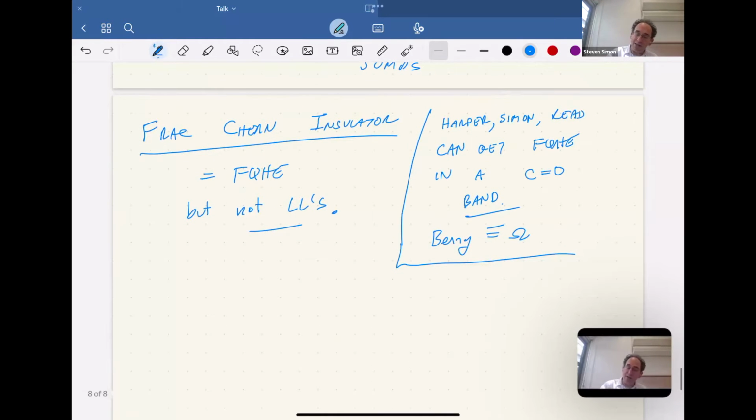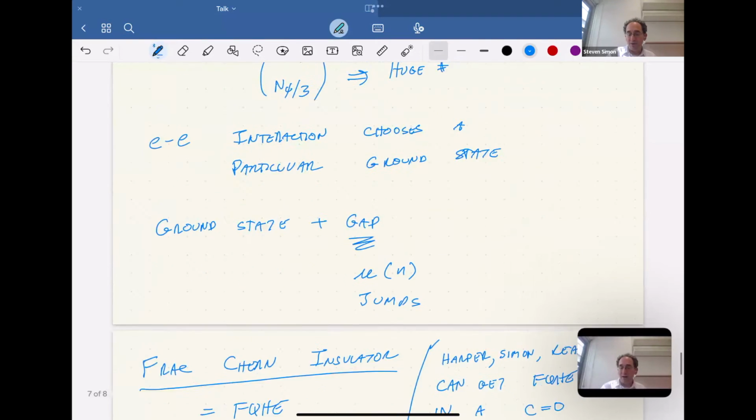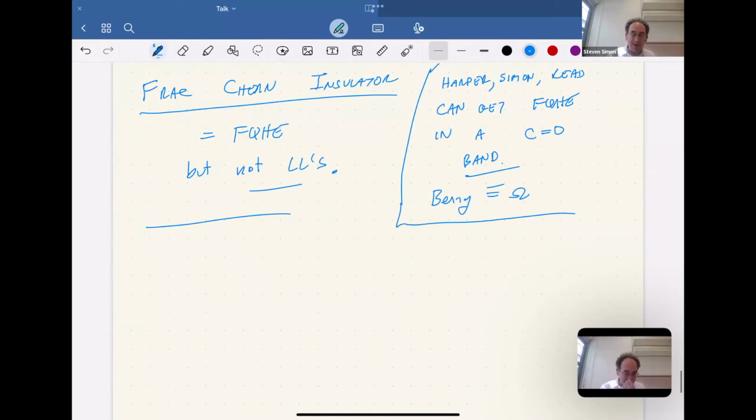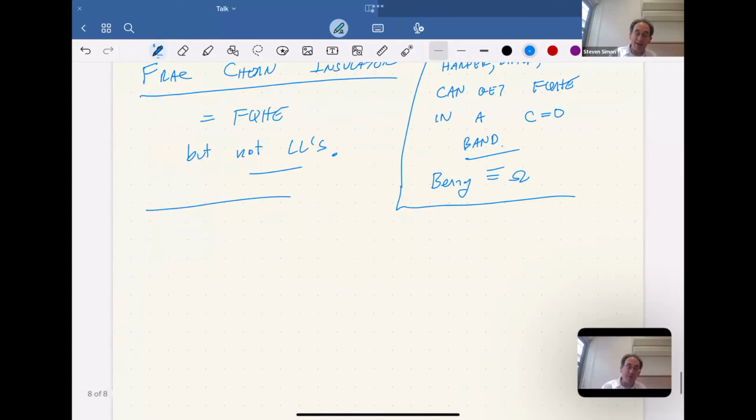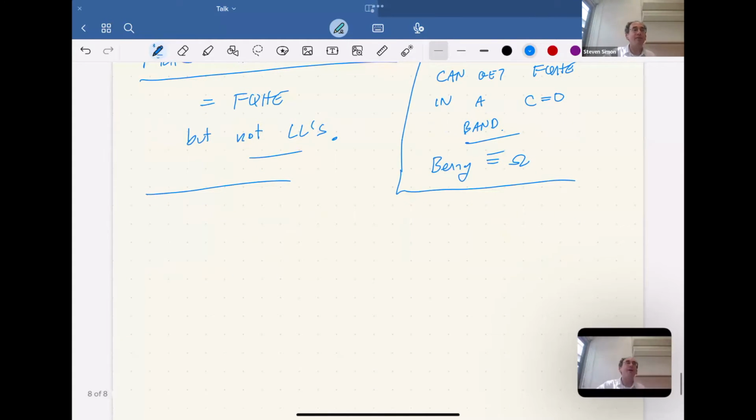So, sort of morally, what you're doing is you're filling something that's kind of like a Landau level, but it doesn't have to be that close to being a Landau level. It can be a trivial band if the interaction is strange enough. So this is the idea of a fractional Chern insulator. Instead of filling a Landau level, which is just free electrons in a magnetic field, you fill a band of electrons part way.